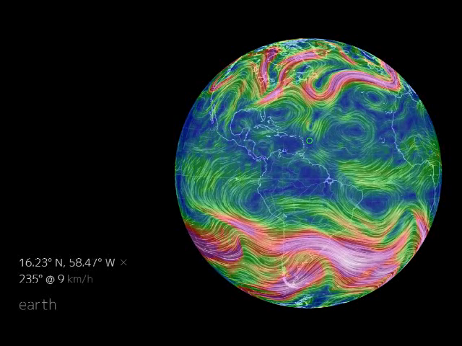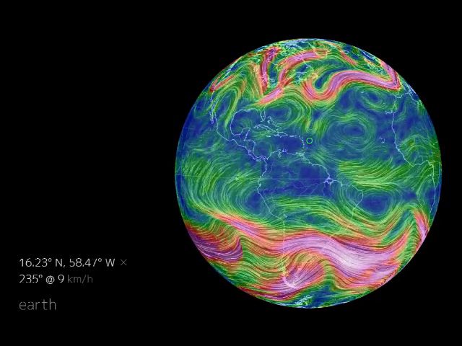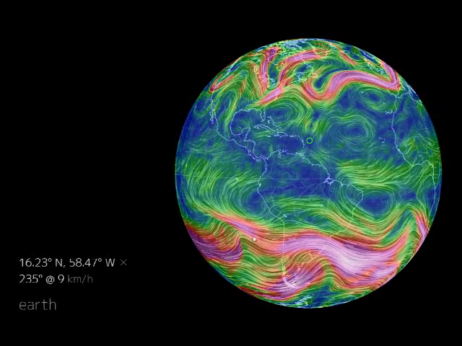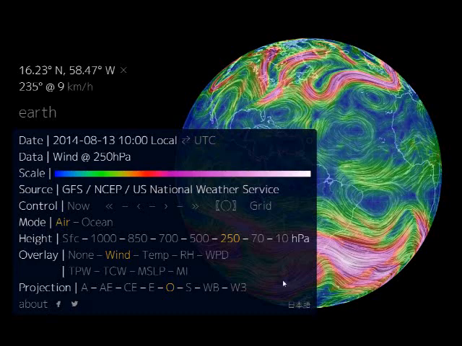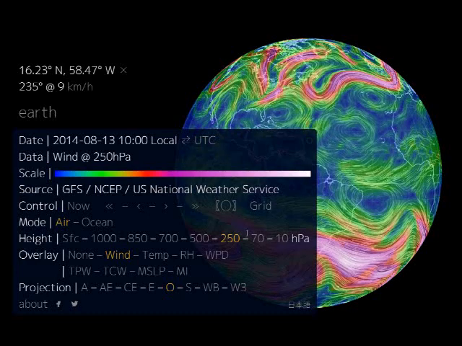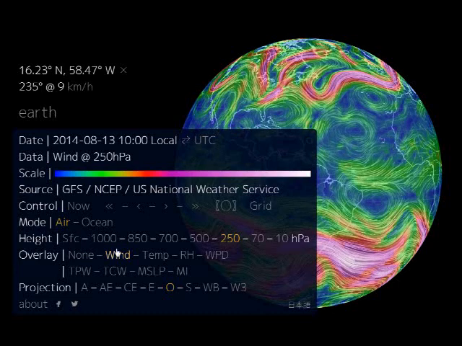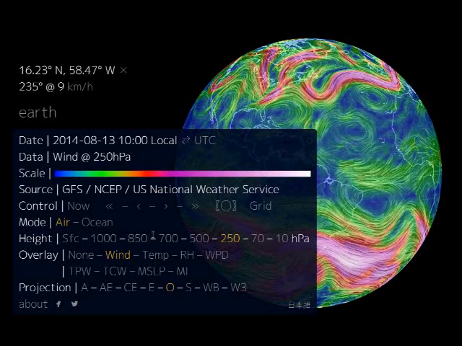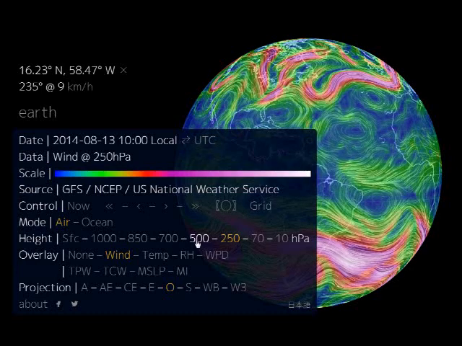But what we're looking at here is the jet streams, and as close as I can get the HPA on here. If you remember, yesterday we were talking about the HPA settings. Surface level is around 1000 HPA, and as we go lower down the HPA we go higher up into the atmosphere.